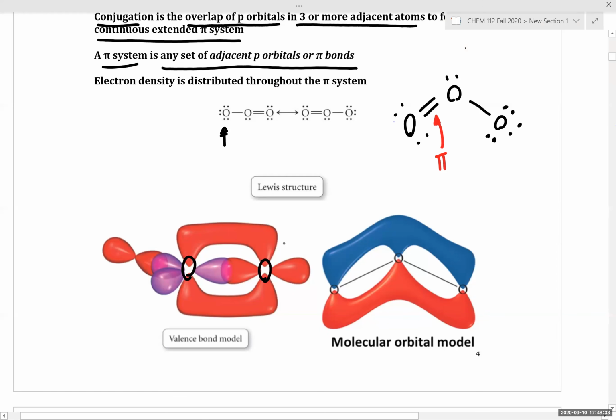Let's just put some labels for right now. Let me make it so it's perfectly matching. There we go. So we have our pi bond.